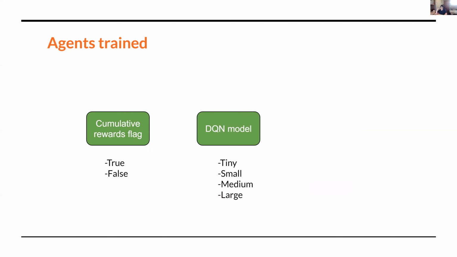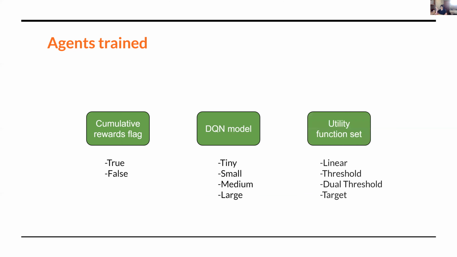As I said, we used 4 different models, all following the same structure, but having a varying number of layers and nodes, so different complexity essentially. And these are the names that we will refer to them by in the results that we'll show later. The specific implementation details for these are in the paper. And finally, the utility function set used.